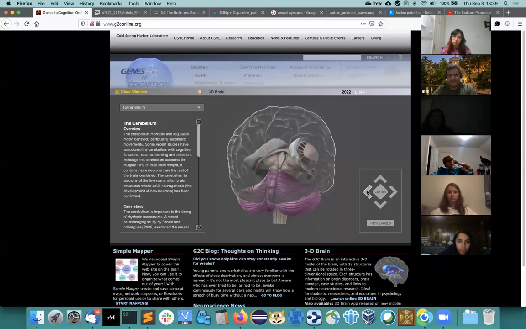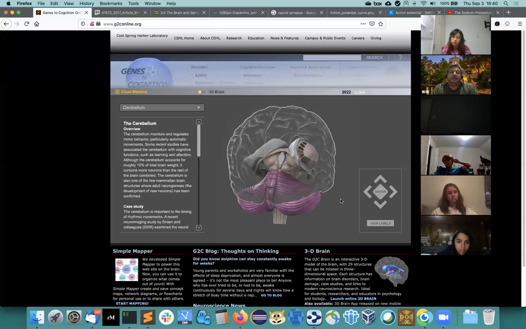Now, back in the day, we used to think that the cerebellum was really just involved in controlling your motor movements, coordinating how smoothly you could move. But there's a lot of new research that's come out in just the last 5 years telling us that the cerebellum does a lot more than that.